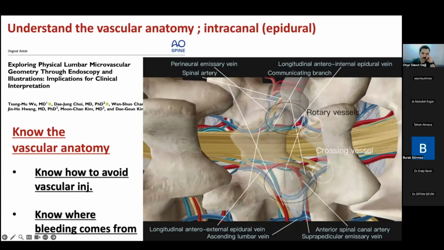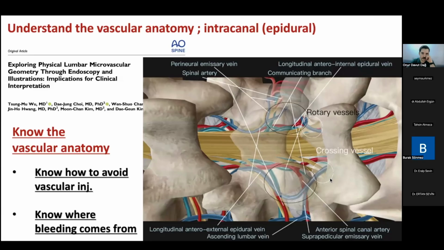Under the lamina, the intracanal space also has a very unique vascular anatomy. If you look into this anatomy, there is a very complex anastomosis of venous plexuses. Especially when you drill through the lamina, the upper end of the caudal lamina, and reach the lateral recess area, there's a specific venous structure here.